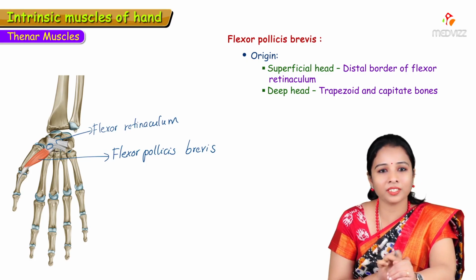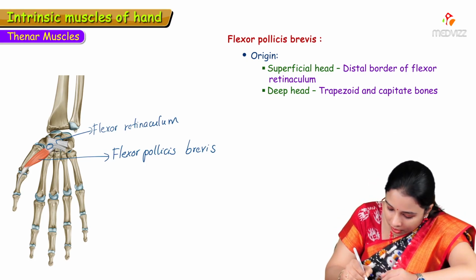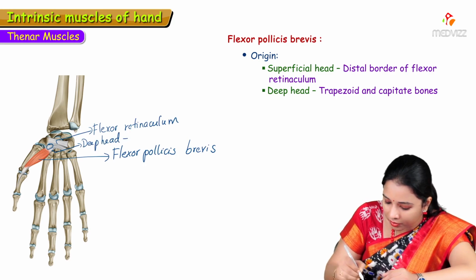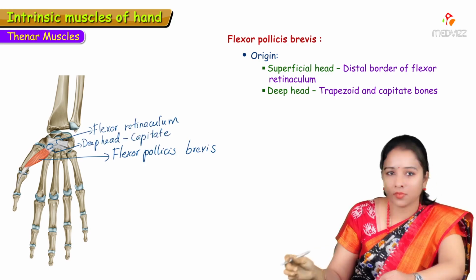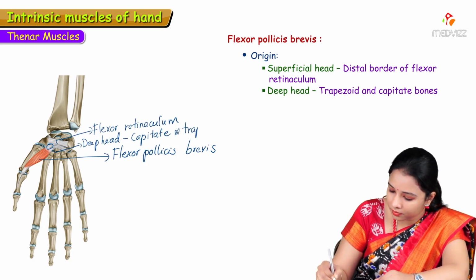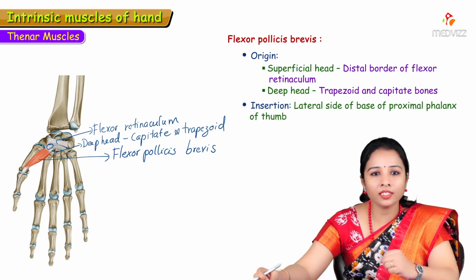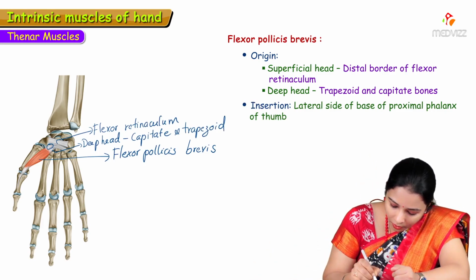The bones which are present deeper to it are the trapezium and capitate. So here is the deeper head, this is the deep head which gets origin from the capitate and trapezoid. And insertion, we can see it gets inserted to the lateral side of the proximal phalanx.